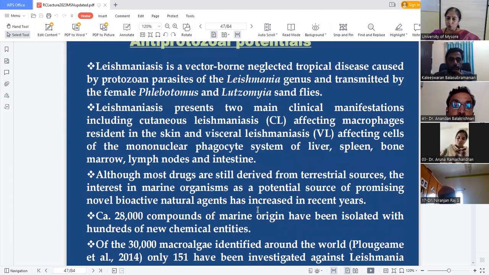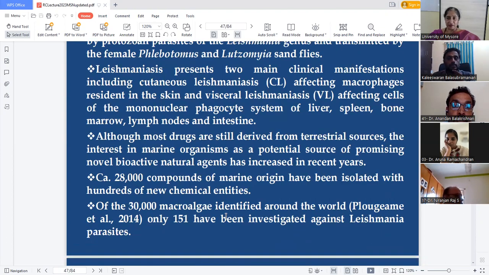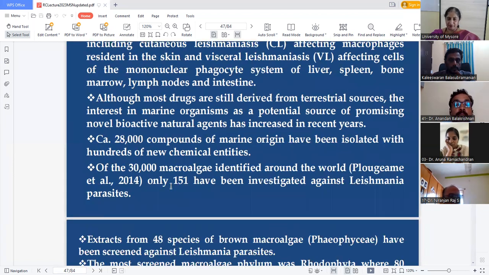Over the past many years, 28,000 compounds of marine origin have been isolated, with hundreds of chemical entities, and macroalgae species number around 30,000. Several species have been documented from coasts worldwide, of which 151 have been investigated against the Leishmania parasites.